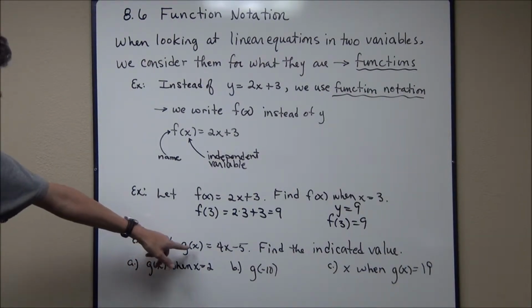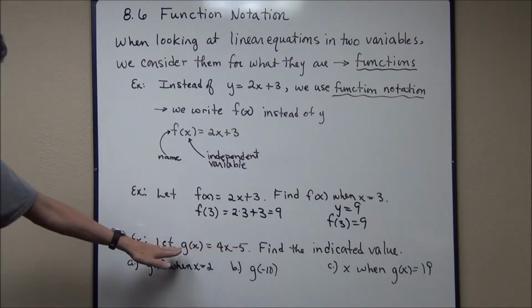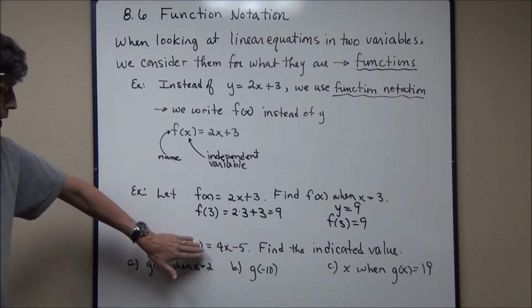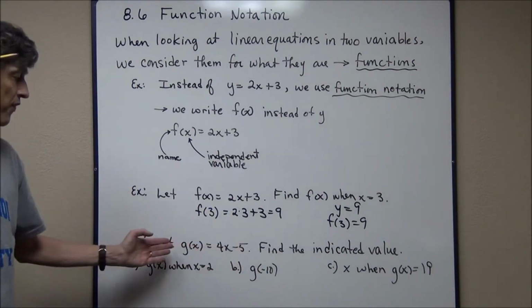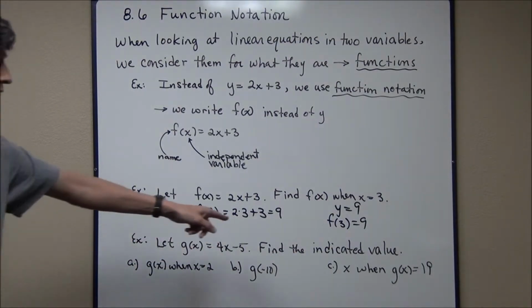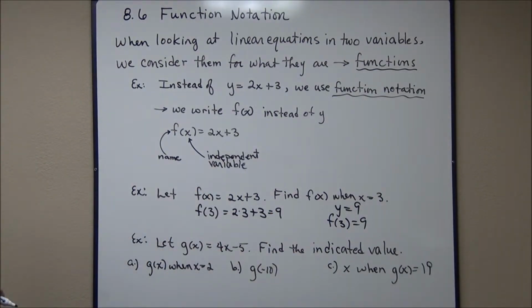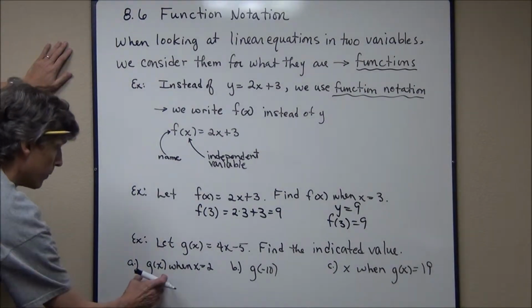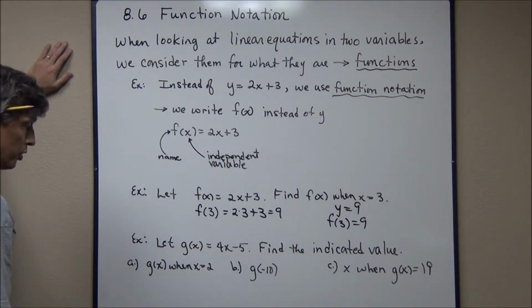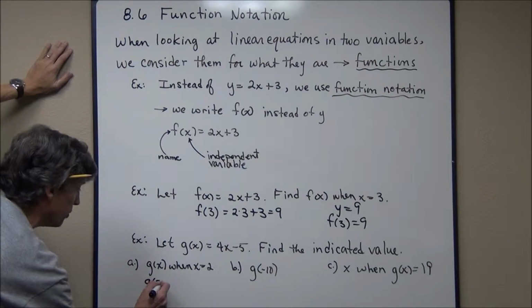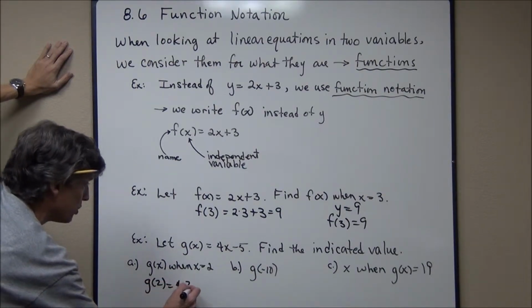It says let g of x equal 4x minus 5. Now the name of the function is g. Remember, this is our y equals 4x minus 5, slope-intercept form. We're to find the indicated value. I have 3 different kinds of problems. One like the last one, where I'm finding g of x when x is 2. So I'm going to be finding g of 2, which would be 4 times 2 minus 5.